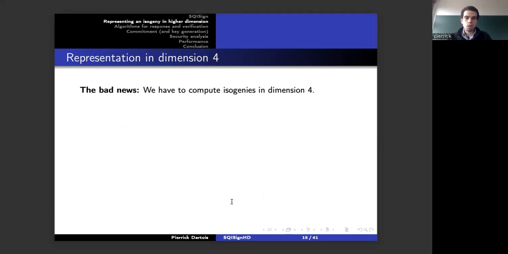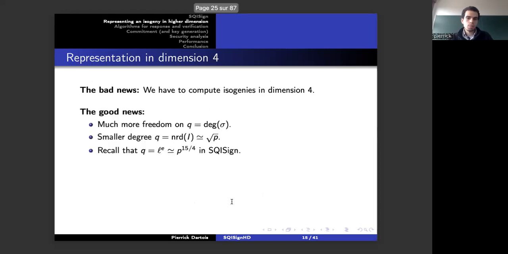That's the basic idea of SQISignHD. So the bad news is that to make this representation concrete, we need to go into dimension 4. But the good news is that we get shorter isogenies. Why? Because we have much more freedom on the choice of the degree Q, because we don't need it to be smooth.